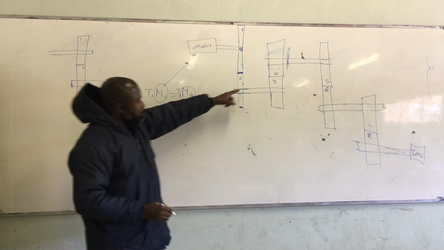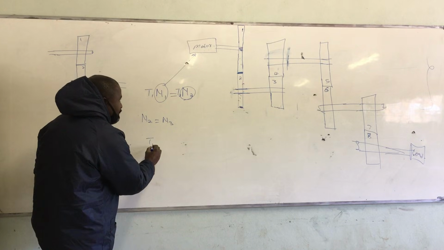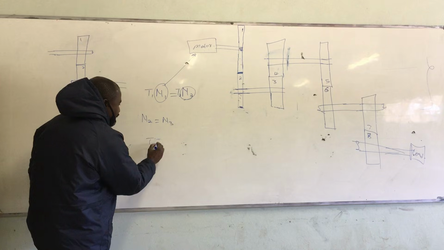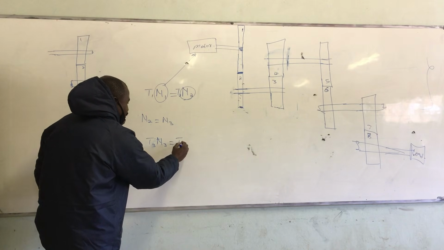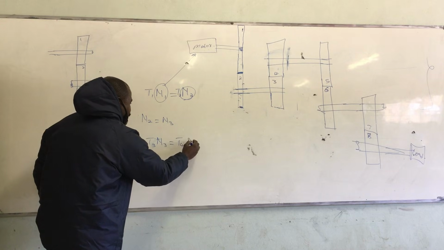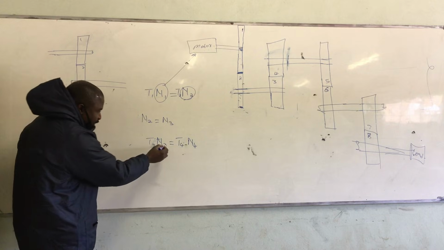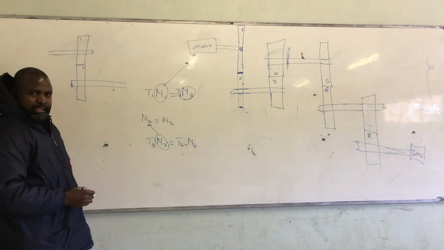And that's because these two are on the same shaft together, it means not T1, T3 N3 is equal to T4 N4. And this one, is it not that one? It is, right?